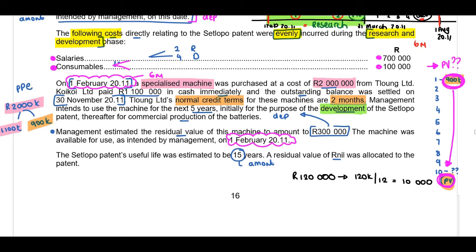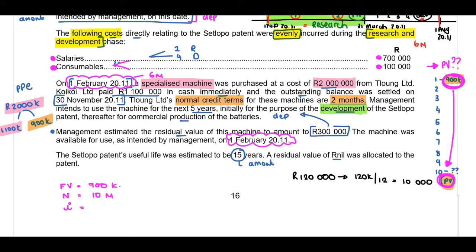Now, for us to be able to do this, we know our future value that we will pay at the end of period 10 will be 900,000. We know our period will be 10 months.